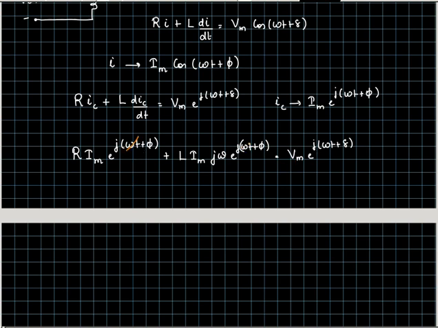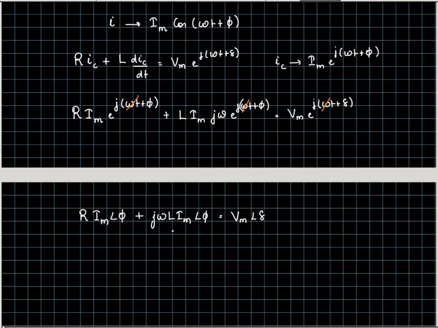So you can cancel that out, and all you are left with then is R Im e raised to j phi, which can be represented as angle phi, plus then you have a j omega L Im, and again angle phi, would be equal to Vm angle delta.